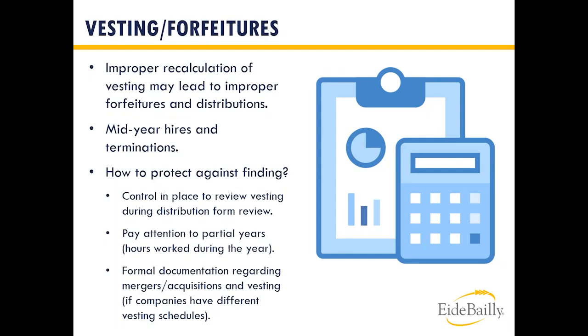So as an example, if someone was hired on August 1st, they're eligible to participate right away, and your vesting schedule indicates that 1 year of service for vesting purposes is a plan year in which the participant worked 1,000 hours. So if this person was able to work 1,000 hours from August 1st to December 31st, this would mean that they likely get 1 year of service credit for that 4-month period.